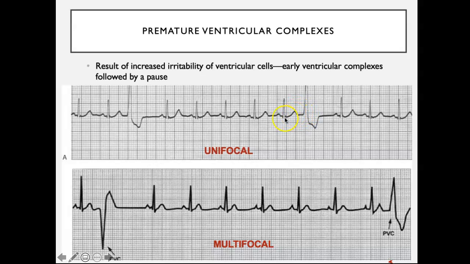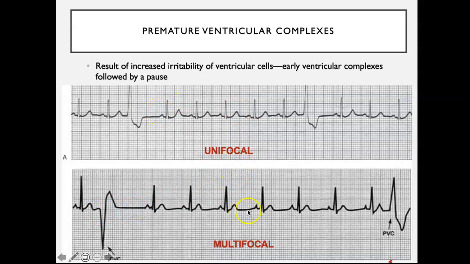Remember, this is the T wave from this previous complex. If you look at these two, they look identical. So we call that unifocal PVC because they're coming from the same spot in the ventricles. Whatever irritated spots in the ventricles, it's causing the ventricles to have that conductivity. It's coming from the same exact area.